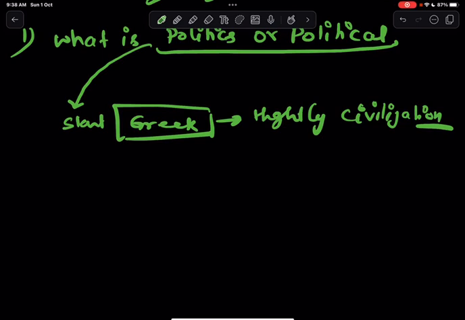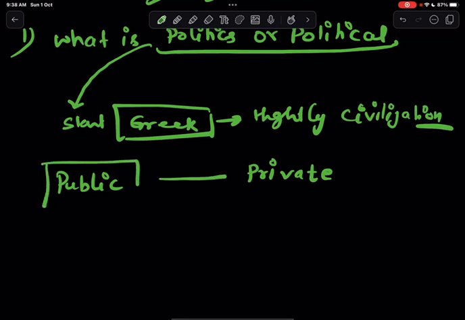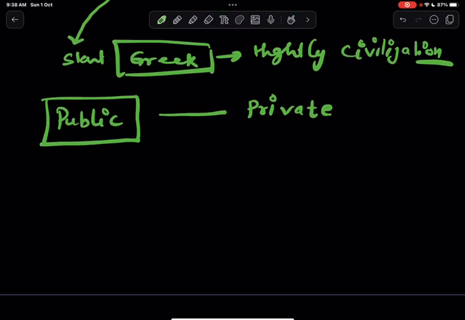We can better understand this word politics through what is public and what is private. See, there are some functions, some things, some objectives, some issues which are related to the masses, not a single person.